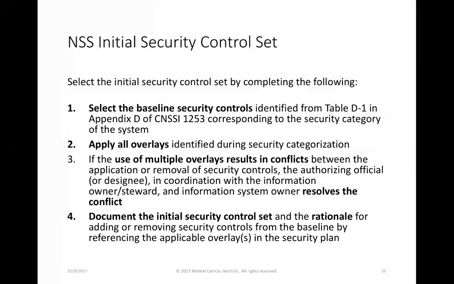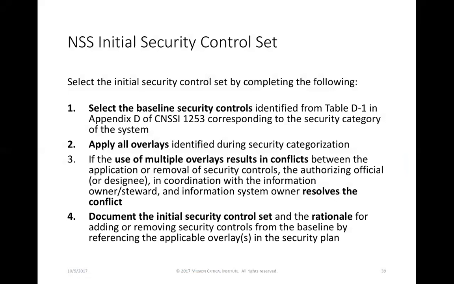Now this is for an NSS system. You select the initial security control set by completing the following. Select the baseline from Appendix D of CNSSI 1253, that's in Table D1. You apply the overlays where applicable, which we're still going to get to.